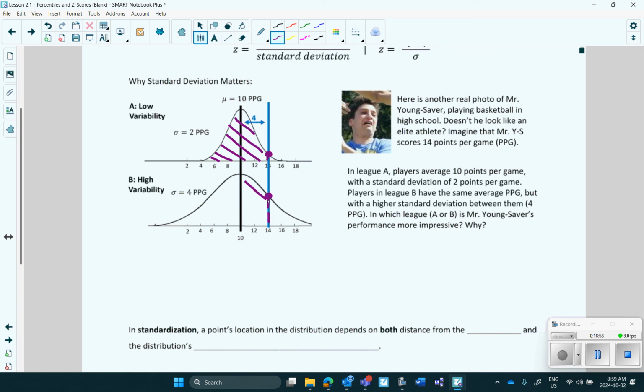He's not doing quite as well in League B. He's still above the mean, but we can see that there's a bigger chunk, because you got to imagine all of the data values are in there for everybody in the entire league. And it forms kind of a bell shape, which we'll talk about later in this unit.